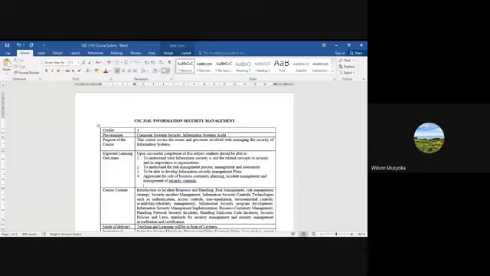Then you will also need to understand the process of risk management and assessment. How do you assess risk and how do you manage it? Then you also need to understand how these security issues come about, what the threats to these security systems are, and how you can thwart these threats.